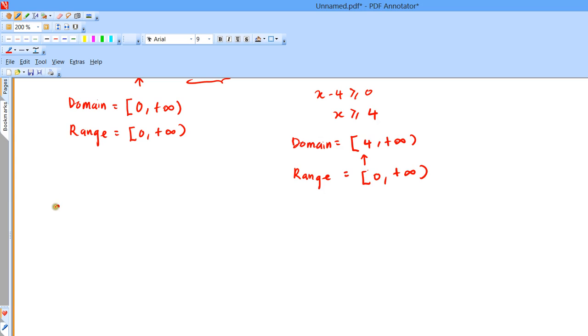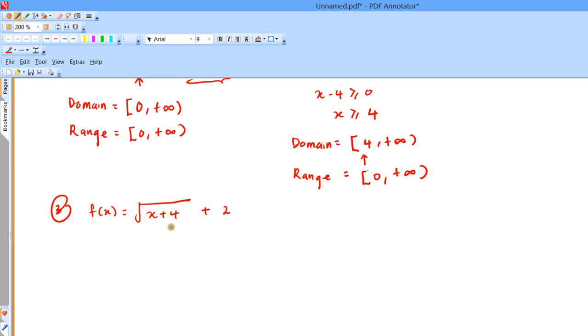Okay, next, example number 3. If we have f(x) equal to square root of x plus 4, plus 2. So we have square root of x plus 4, plus 2.